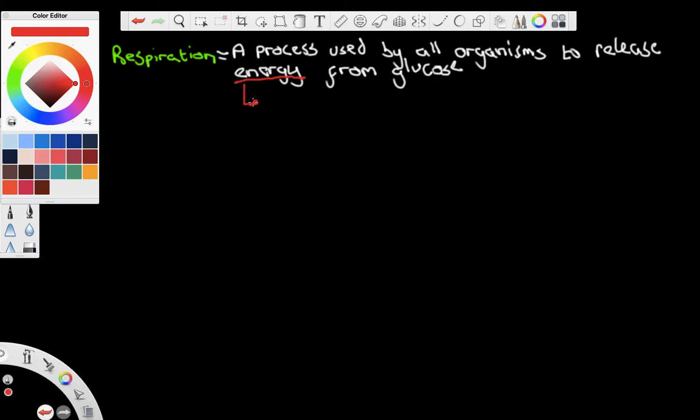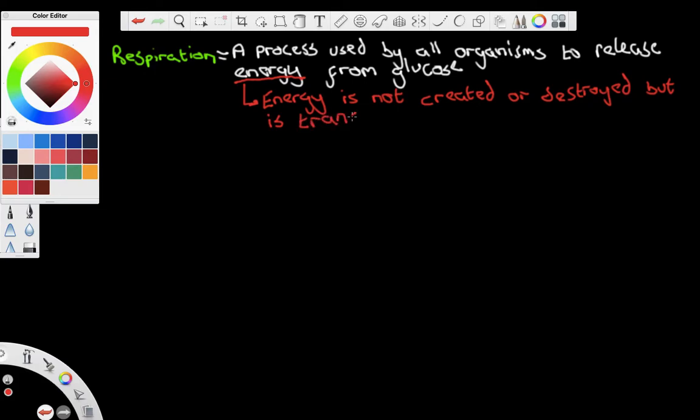So we can say energy is not created or destroyed but is transferred from one form to another.